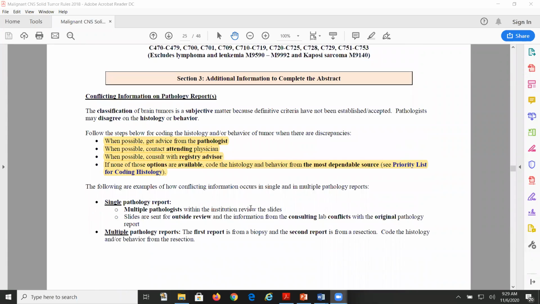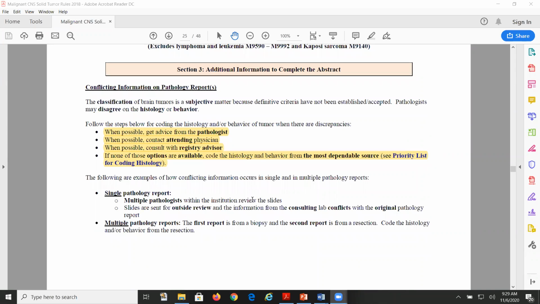Okay. And then this is just some additional information to complete your abstract. Occasionally there are instances where you have discrepancies in primary site or histology or behavior. So when possible, get advice from the pathologist, from the attending physician, or from the registry advisor.